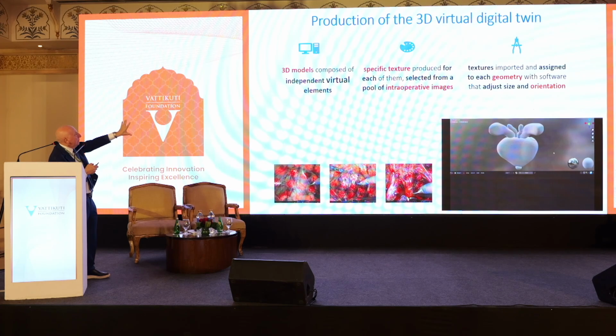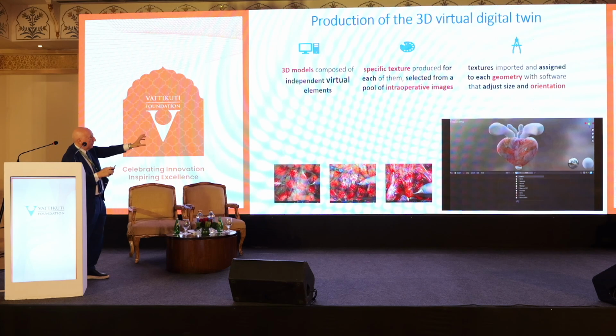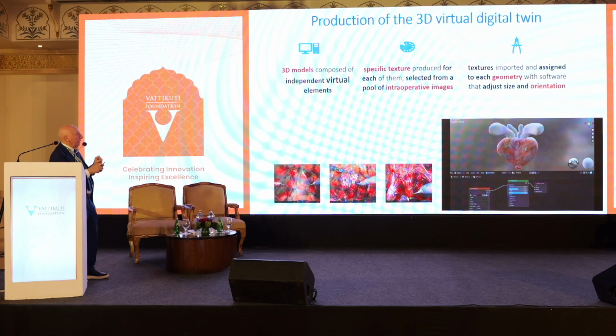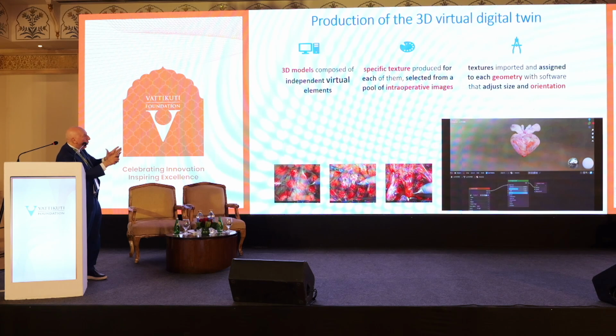First of all, we think that it's extremely important to have a 3D model that, as you know, is composed of independent parts, like the seminal vesicle and the prostate, and so we can capture the specific texture for each of them selected intraoperatively, and we superimpose the texture, oriented on the basis of the characteristics of the organ.